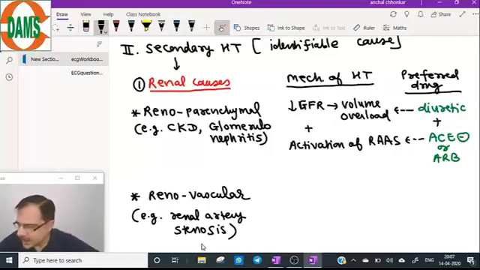In this case, there is decreased blood to that particular kidney, and the renin angiotensin system will be activated.